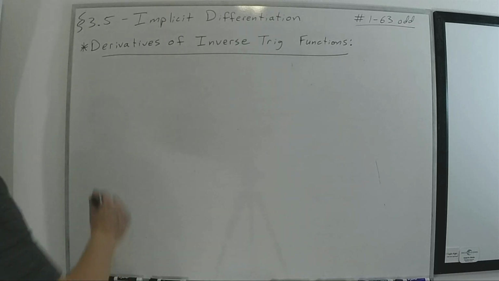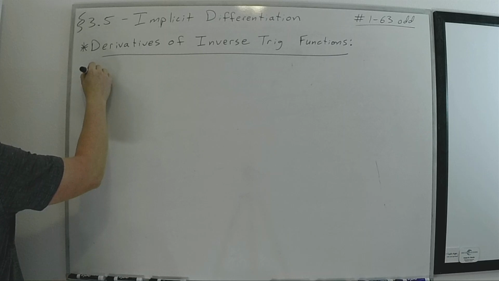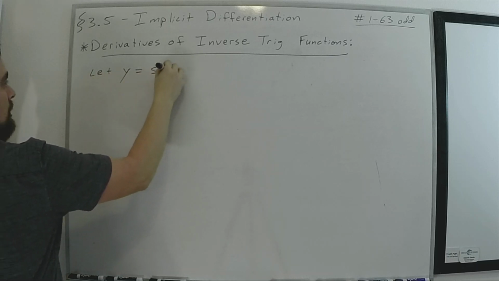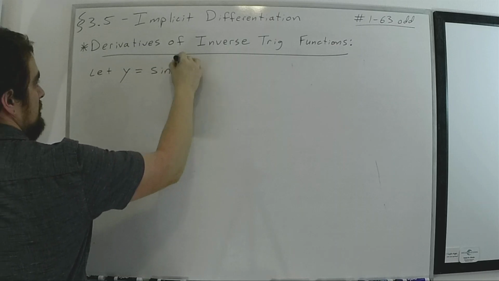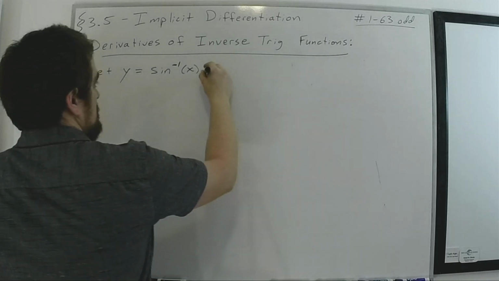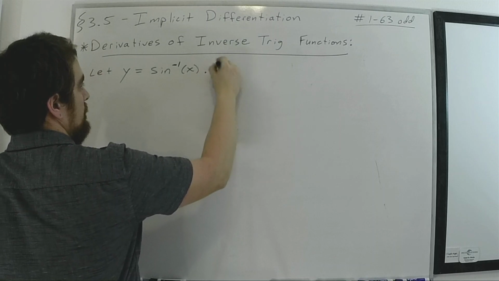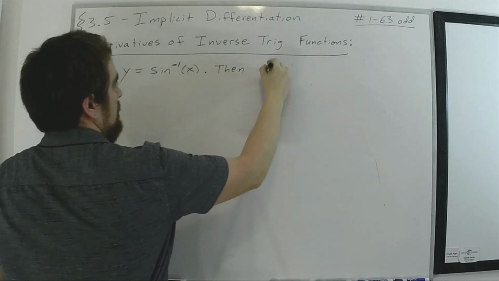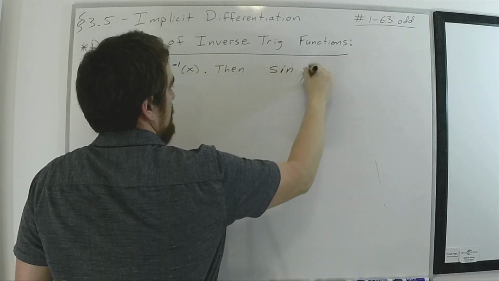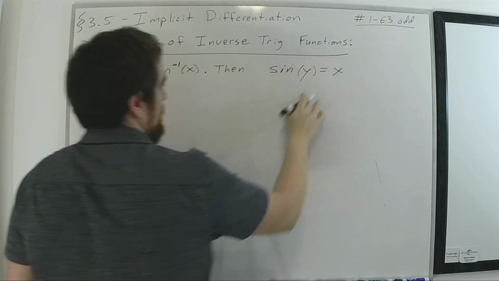So let's say we're looking at the function y equals sine inverse of x. I'll use the inverse notation rather than the arc sine notation. It'll be a little faster to write. What this means is that sine of y must equal x.